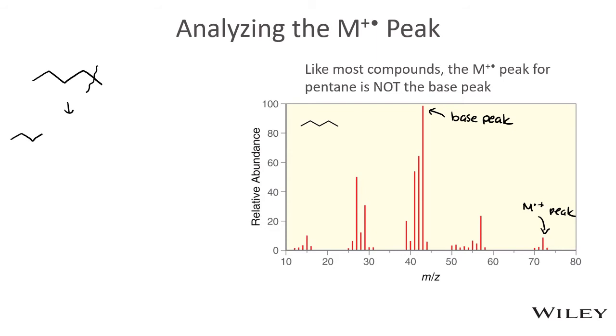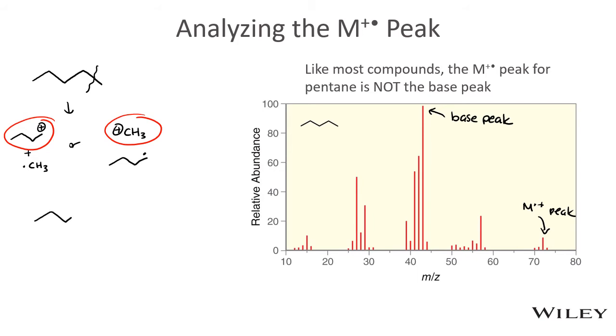We could end up with the 4-carbon chain with the positive charge, plus a methyl group with the radical, or we could end up with the methyl group with the positive charge and the 4-carbon chain with the radical. Now, either one of these is capable of happening. As far as the machine goes, the only thing it's going to recognize is those positively charged fragments.